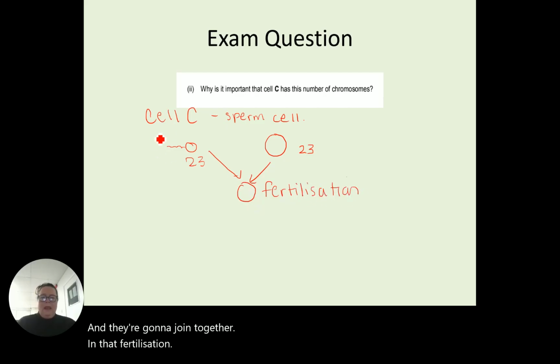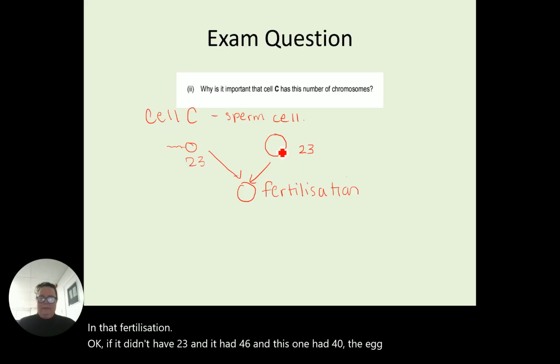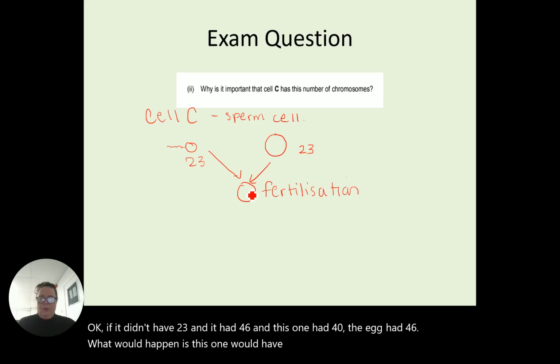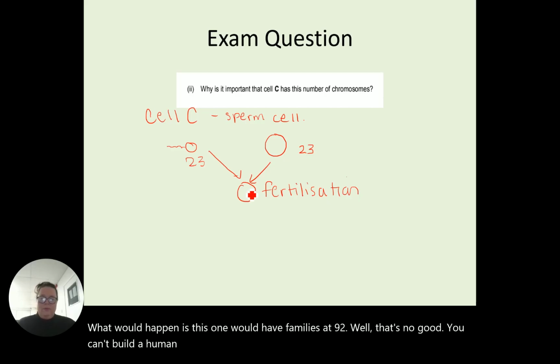If it didn't have 23 and it had 46, and the egg had 46, what would happen is this one would have, how many is that? 92. Well, that's no good. You can't build a human body on 92 chromosomes because it's double the amount we need.